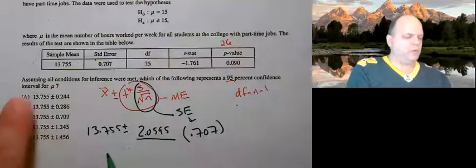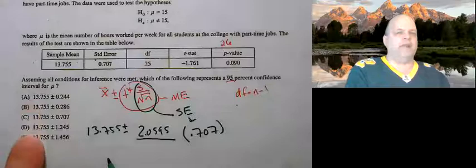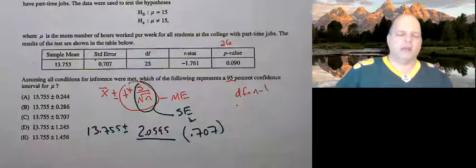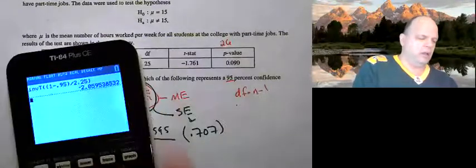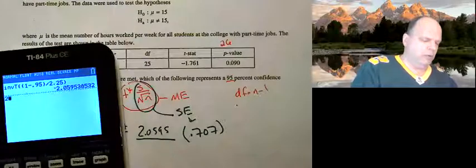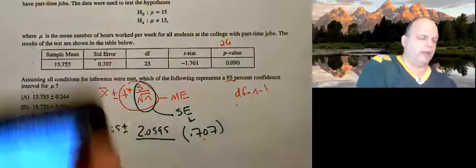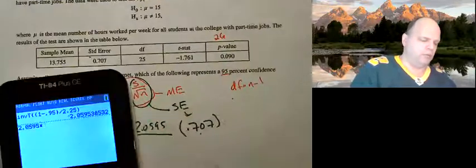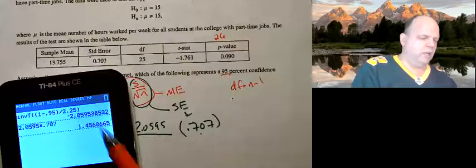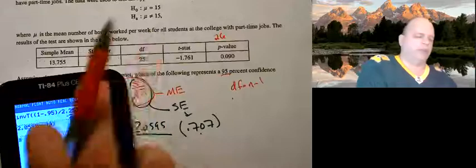So we know the first part's 13.755. Every single one of those have that. Then I'm going to take 2.0595 times my standard error of 0.707 that I got from the table. And I end up getting 1.456.